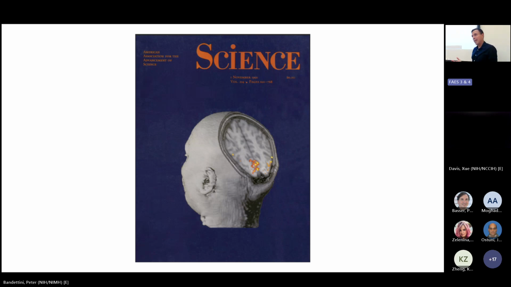But when it's fully oxygenated, it's diamagnetic like the rest of tissue, so the fields smooth out. So you have a lower signal when it's deoxygenated. When the blood becomes more oxygenated, the field becomes more smoothed out, and the signal goes up. And anyway, this was Jack Belliveau's iconic Science paper.